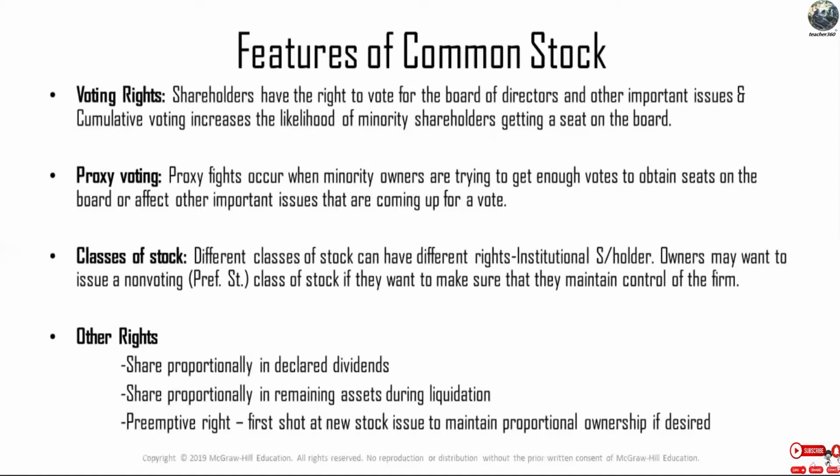The third one is classes of stock. There are also very important features of common stock. A class of share is a type of listed company stock that is differentiated by the level of voting rights shareholders receive.